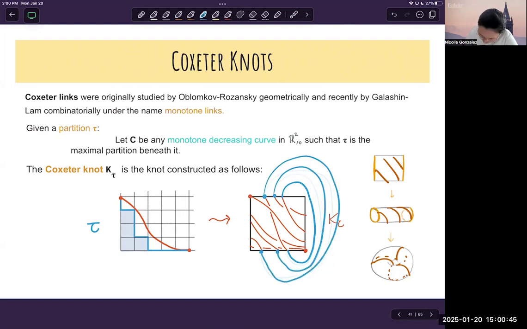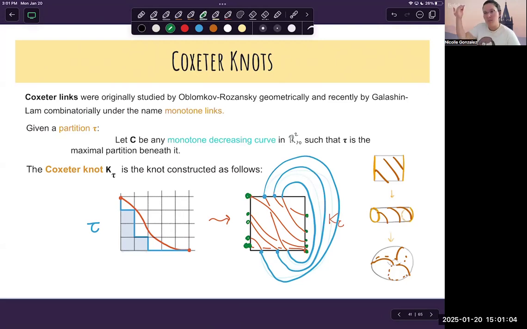And then similarly, you can identify, let's pick a different color, this endpoint with this endpoint, this one with this one, this one with this one, this one with this one, and this one with this one, or something along these lines. And so the point is the number of endpoints on top and bottom and both sides always match up, so you can always close it. And you end up with some sort of closed picture.